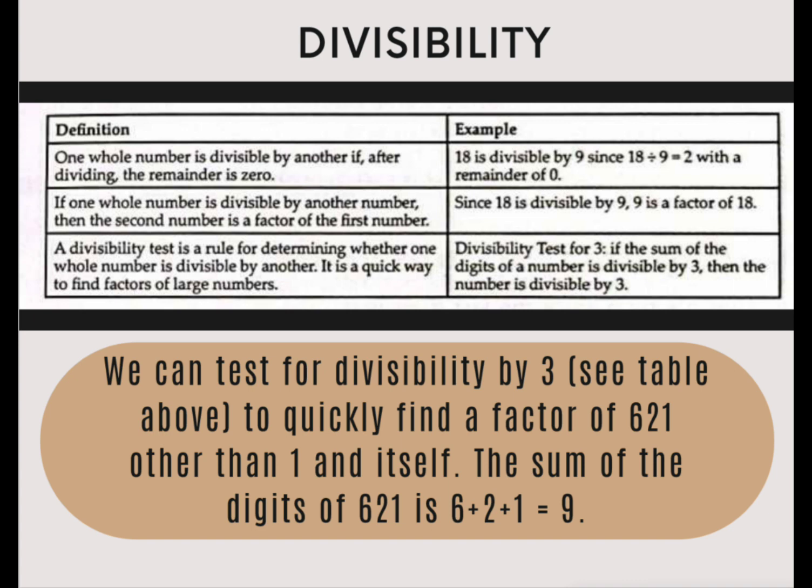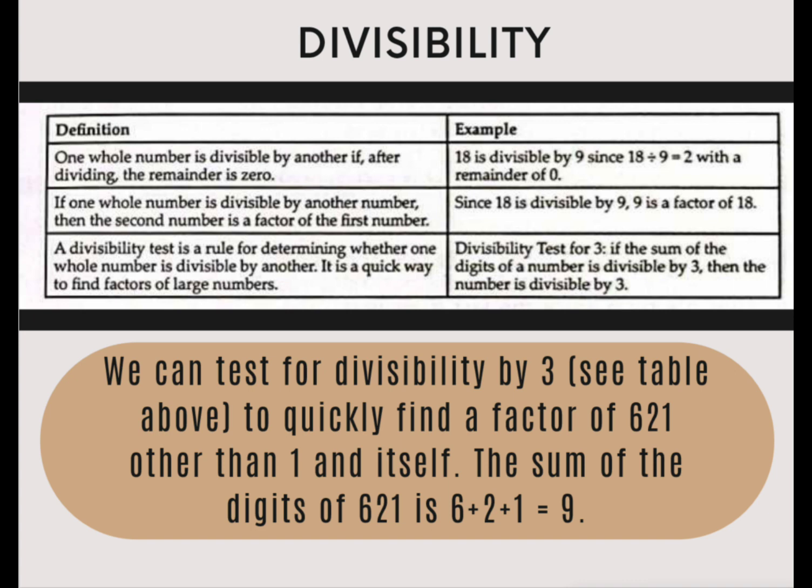Example, the divisibility test for 3. If the sum of the digits of a number is divisible by 3, then the number is divisible by 3. So we can test for divisibility by 3. As you can see on the table above, to quickly find a factor of 621 other than 1 and itself, the sum of the digits of 621 is 6 plus 2 plus 1, or 9.